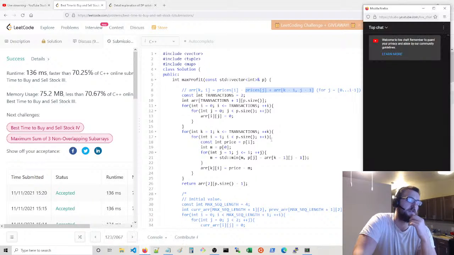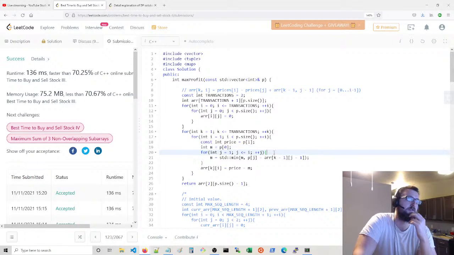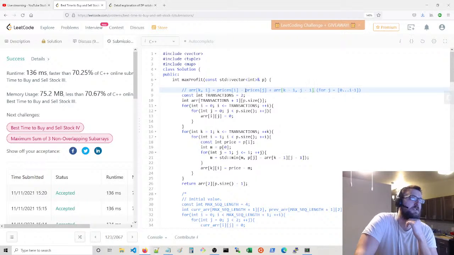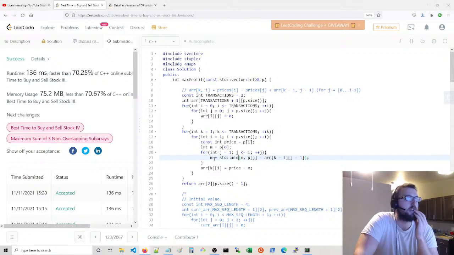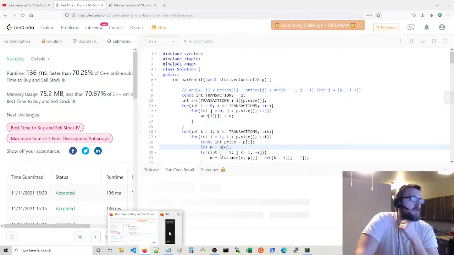Which is a little bit different than what I was expecting, but that's okay. I mean, that works too. Because you want to get the whole section that you're looping over for j, and you really just need the minimum, the best possible. So if you do that, you get m, and then you just subtract m, price minus m, and that should give you the right answer in some cases.